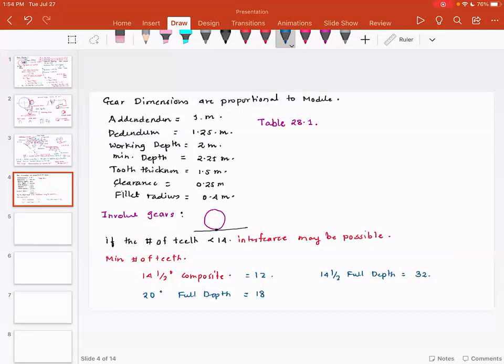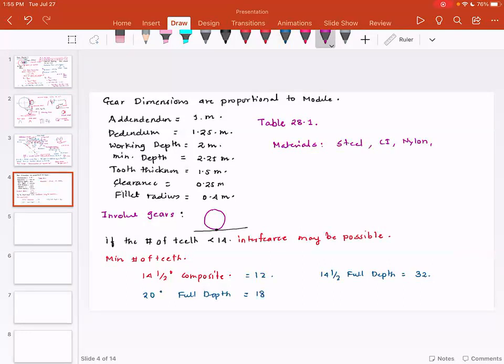There are different types of gear materials. You can make gears from different materials. Commonly used materials are steel, cast iron, and nylon, and there are some exotic materials like tungsten.